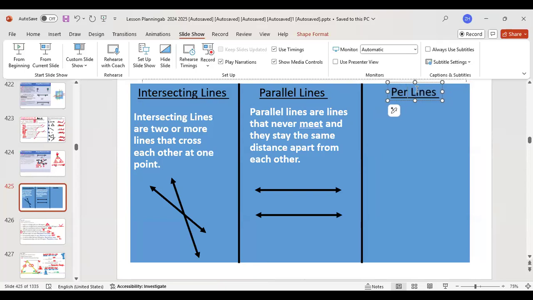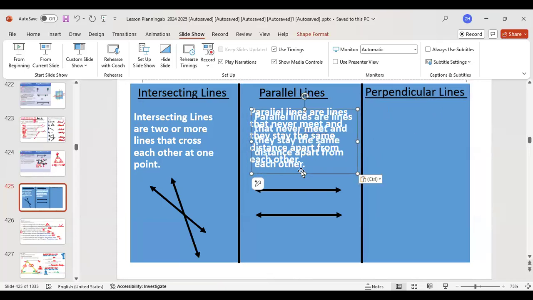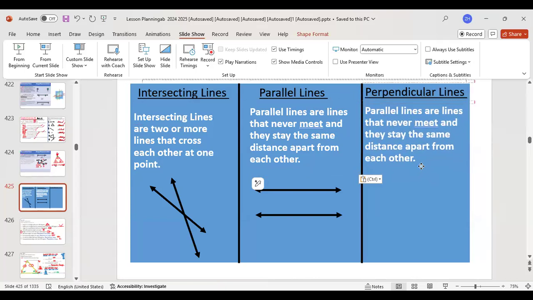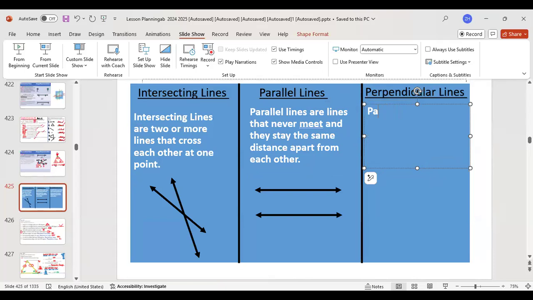What are these? Perpendicular. Very good. Perpendicular lines. Perpendicular lines are lines that what?